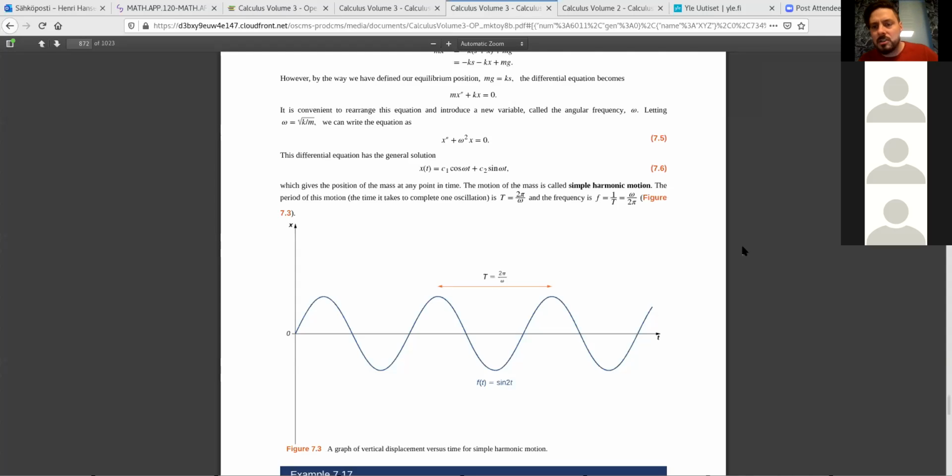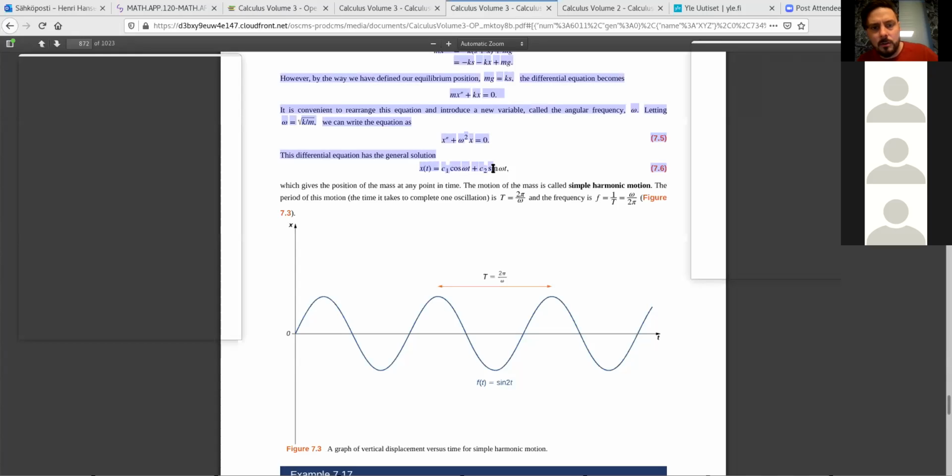And when we punch these into this formula, we get the general solution: cosine of omega t plus something times the sine of omega t. And this is when there's no attenuating force at play.